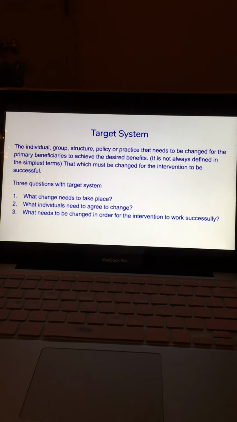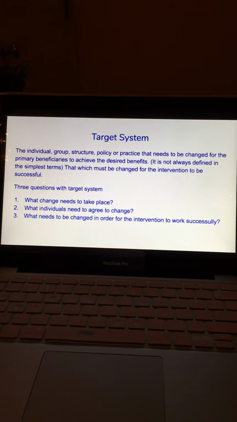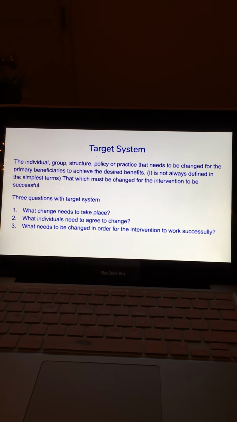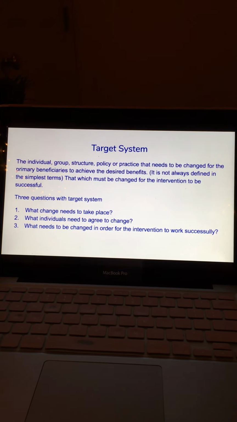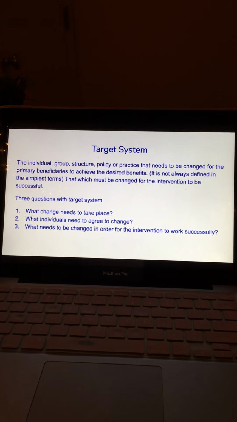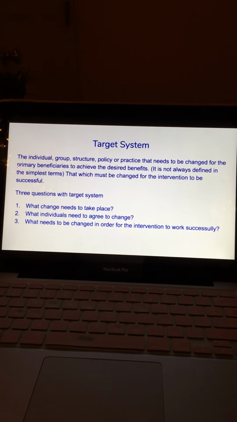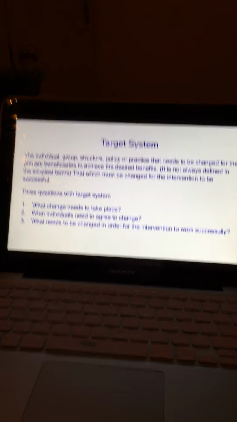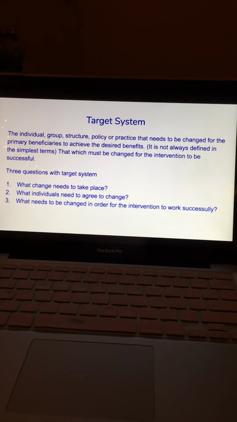So the next part is the target system. The individual, group, structure, policy, or practice that needs to be changed for the primary beneficiaries to achieve the desired benefits. It is not always defined in simplest terms, like the book said, and it is that which must be changed for the intervention to be successful. So when it talked about target system, it addressed 3 questions.